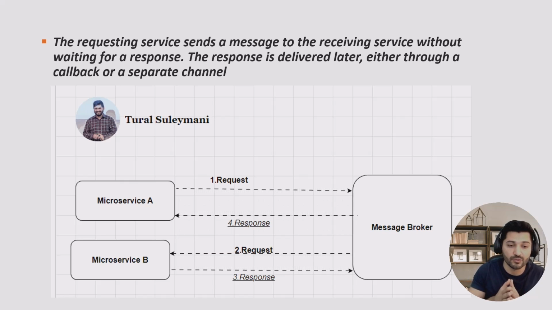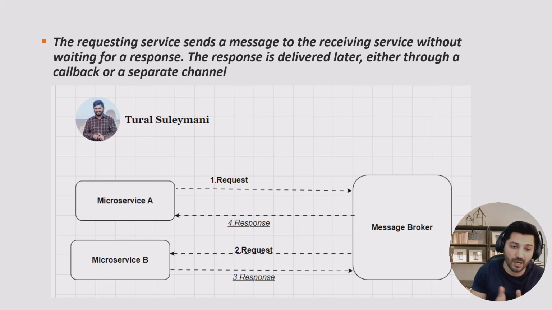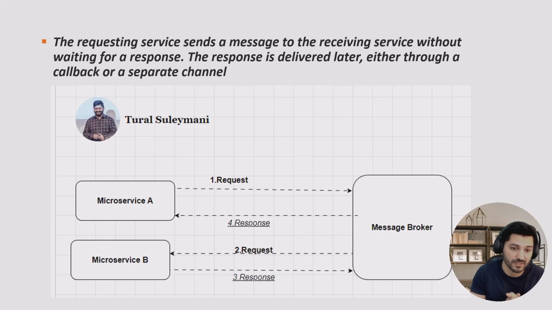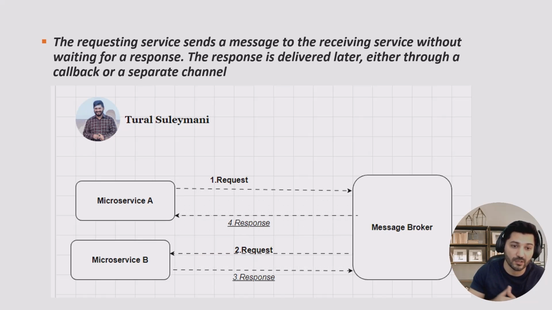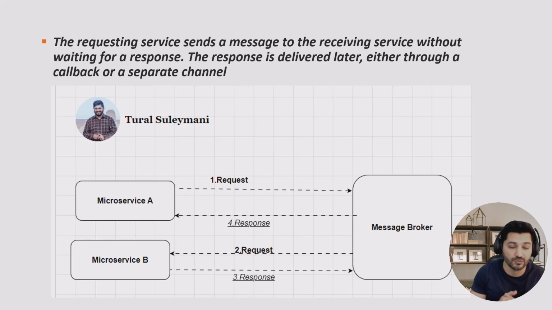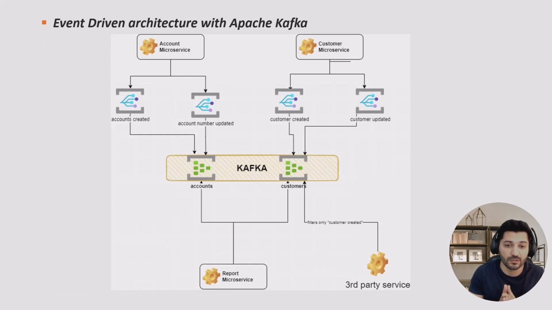It helps us to create event-based asynchronous communication. It means microservice A doesn't know about microservice B, and microservice B doesn't know about microservice A, and it is really easy for us to maintain, extend, and change microservice A without affecting microservice B. The same is applicable for microservice B also. This is the role of Apache Kafka when we develop our event-based asynchronous applications, okay?